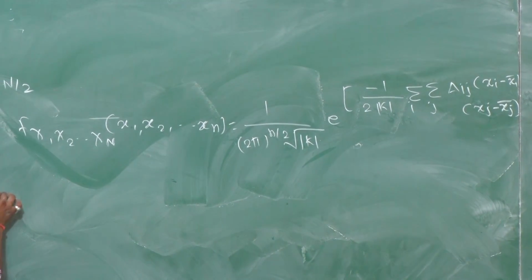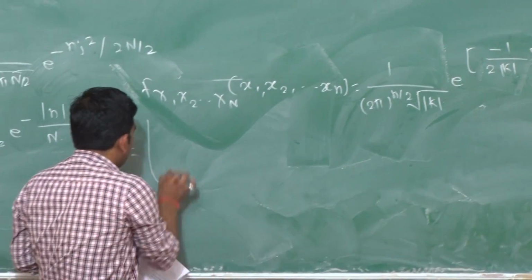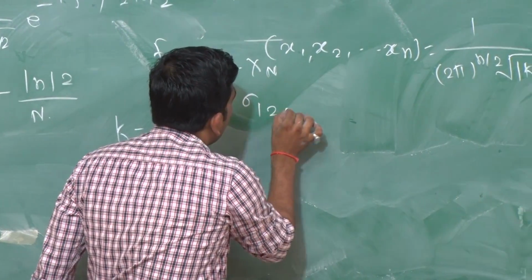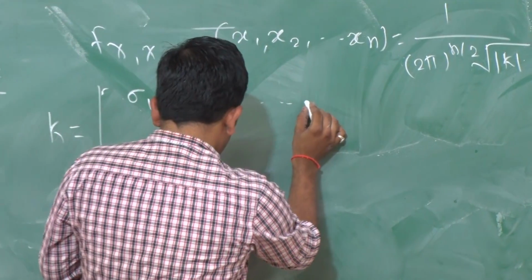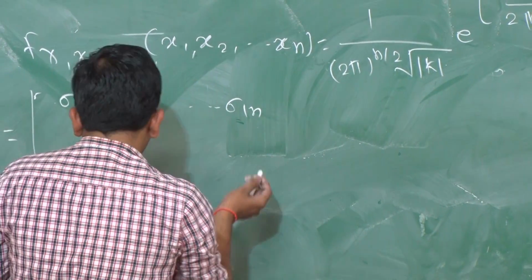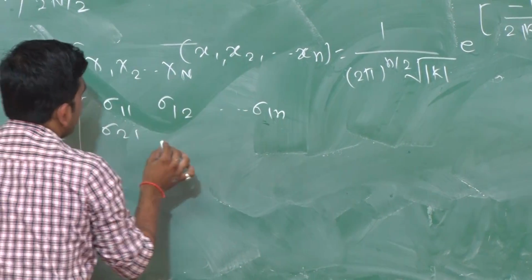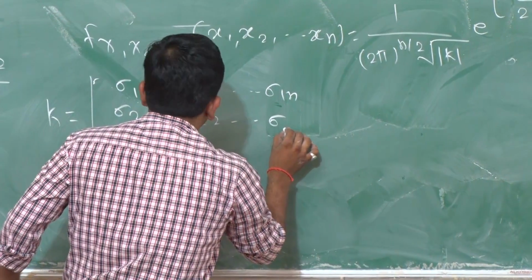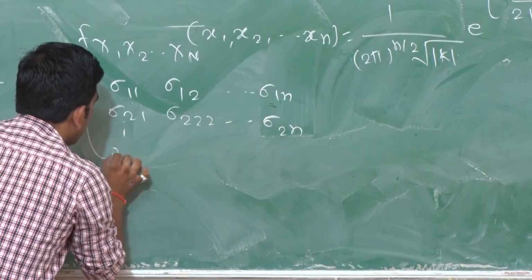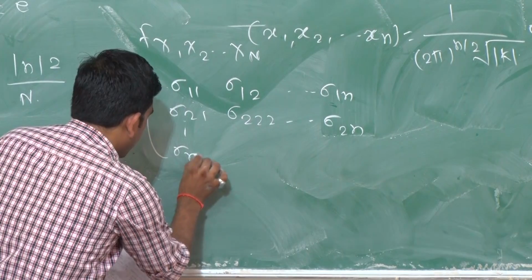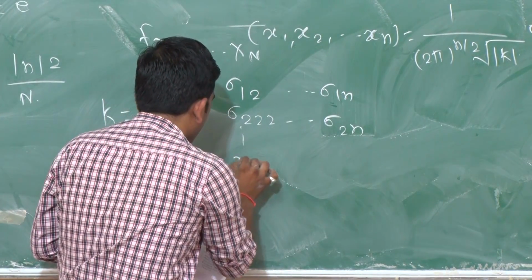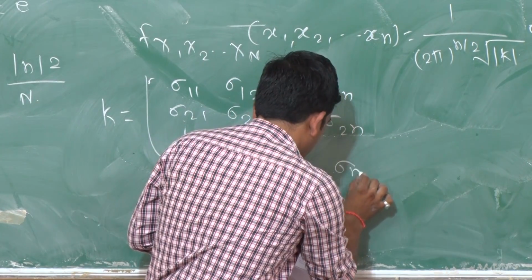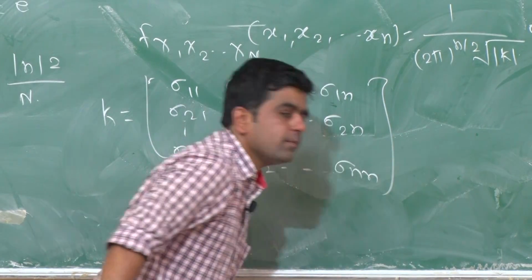Here this matrix K is given as sigma 1 1, sigma 1 2 up to sigma 1 n, sigma 2 1, sigma 2 2 up to sigma 2 n, and so on, sigma n1, sigma n2 up to sigma nn.